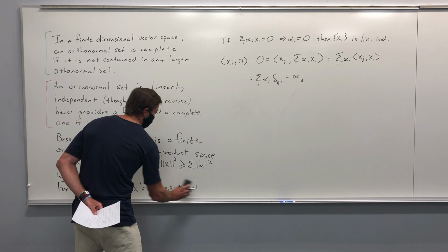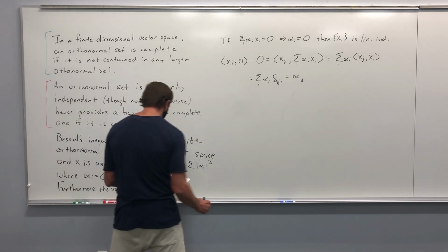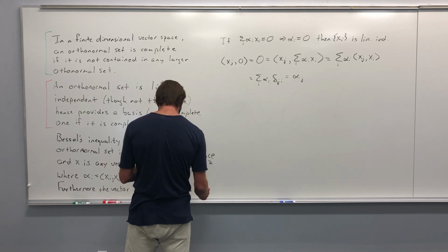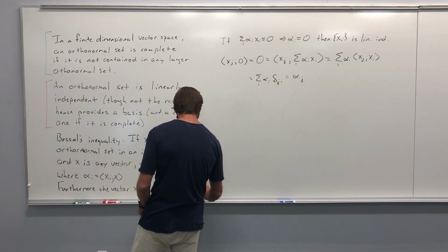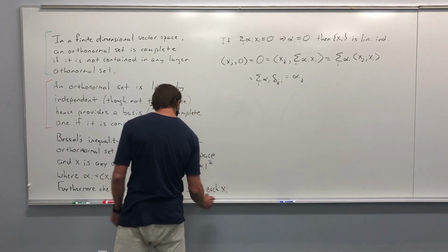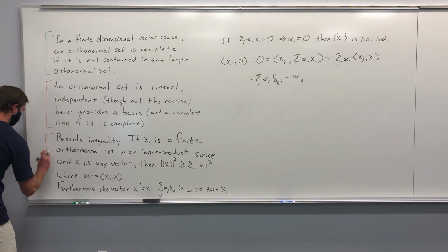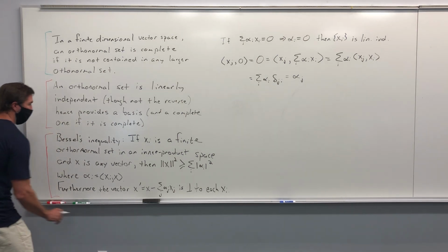I'm going to use a perpendicular line for orthogonal because I'm getting tired of writing that word. I never spell it right, so this is going to be much easier. Okay.